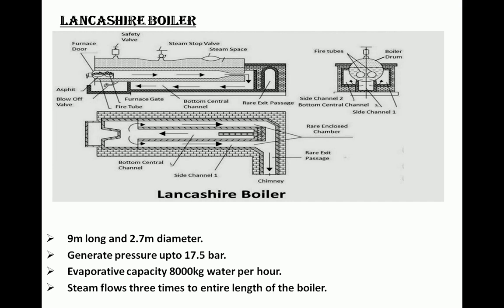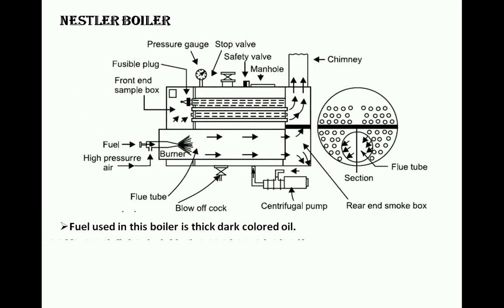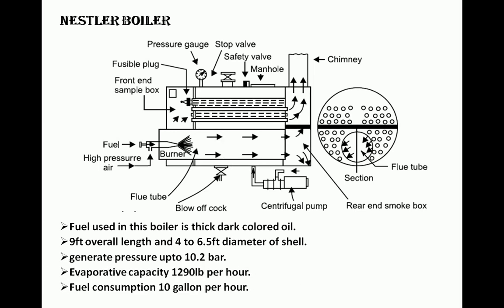Next boiler is Nestler boiler. Unlike other boilers, this boiler uses a dark-colored oil with high viscosity as a fuel. It is burnt with high-pressure air. Flue gases flow through and enter the smoke box again, and enter the upper set of flue tubes, and flow the entire length of the boiler, and are exhausted to atmosphere through the chimney.